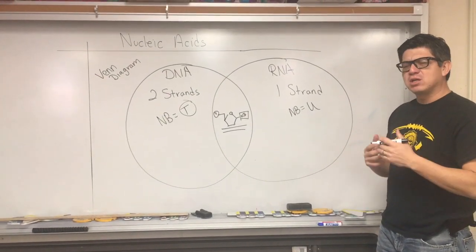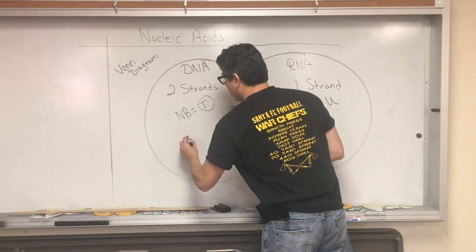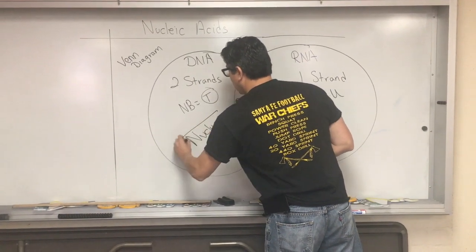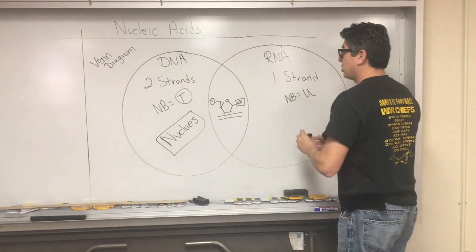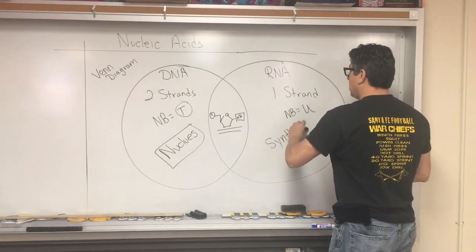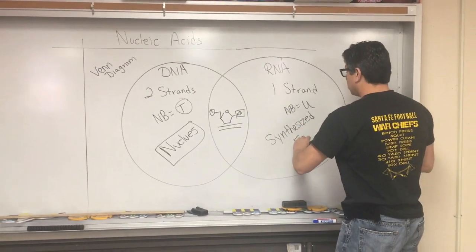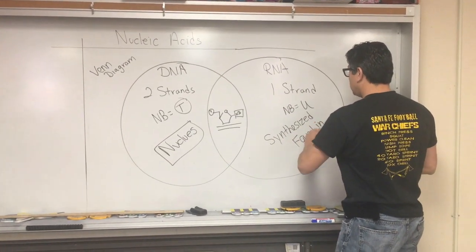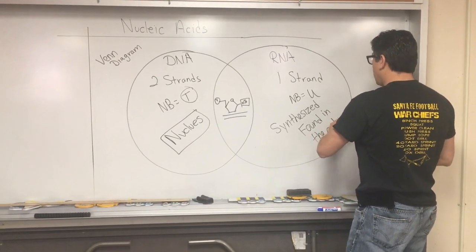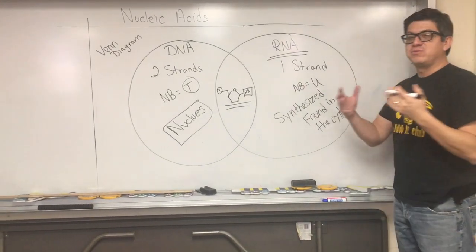One big thing that we've talked about is protein synthesis. Remember, DNA is located in the nucleus. RNA is synthesized in the nucleus, so it's made in the nucleus, but it also is found in the cytoplasm, because remember, RNA is a copy of DNA.